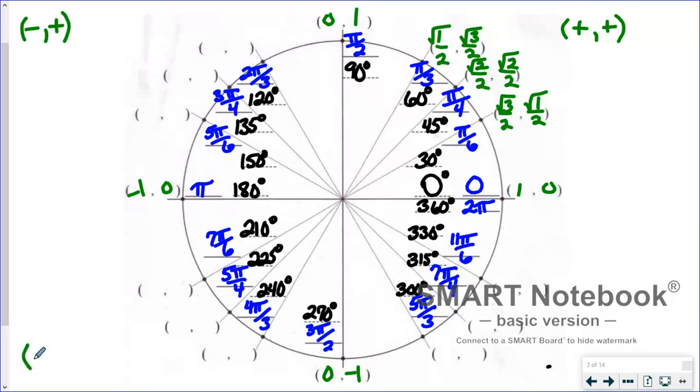In the third quadrant, both your x and y are negative. And in the fourth quadrant, your x is positive, your y is negative. Now all you have to do is reflect and use the same points for the reflection and just make sure that you have your signs correct.